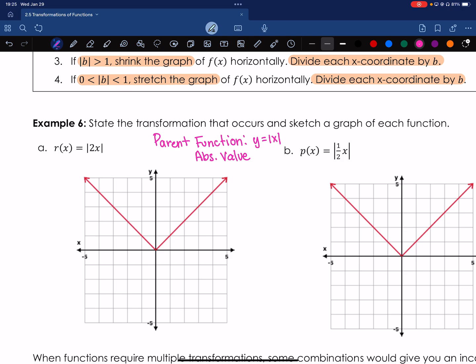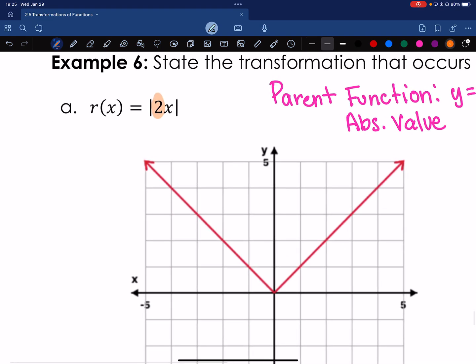Okay, so on this first one, we have a 2 on the inside. And same thing goes for it being a positive number. The negative causes the reflection. So our B value in this one equals 2.